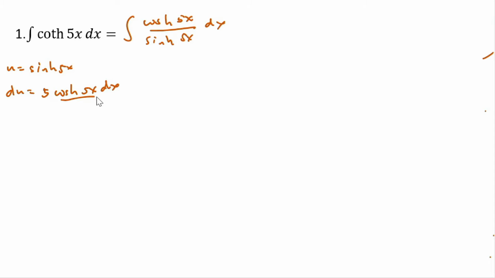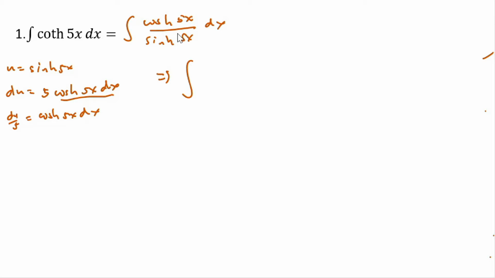Since hyperbolic cosine of 5x dx is visible in the given, then I'm going to divide both sides by 5. So we can write now du over 5 is equal to the hyperbolic cosine of 5x dx. So we're writing now the given in terms of u and du.